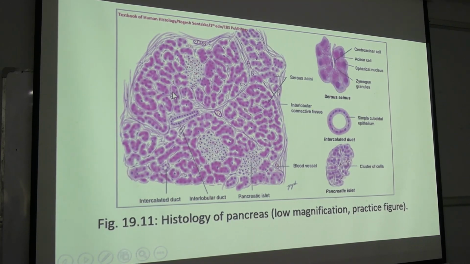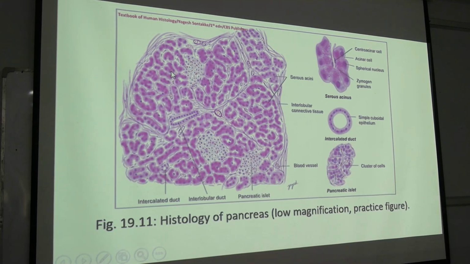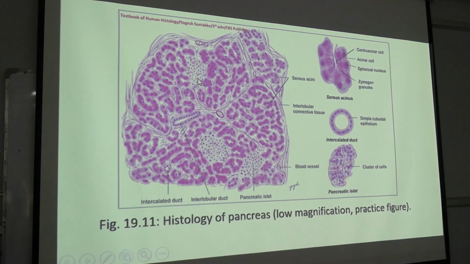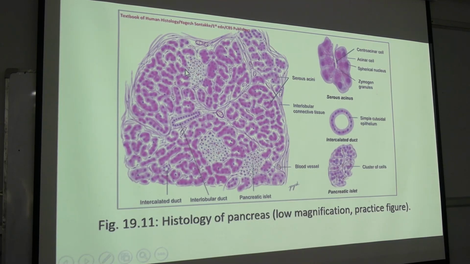So this tissue has the exocrine portion of acini with these ducts, and pancreatic tissue holding light stained areas of clustered cells. We call them islets of Langerhans.